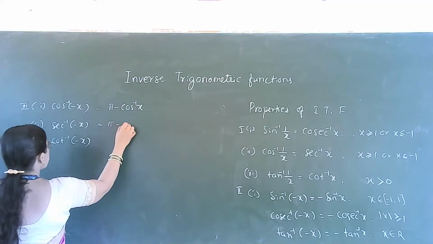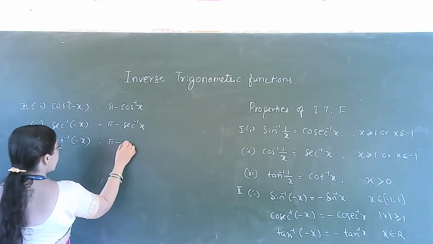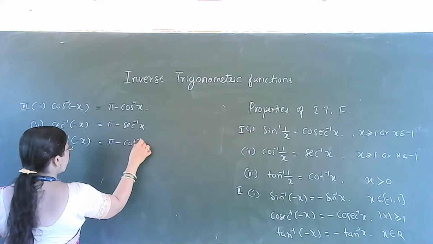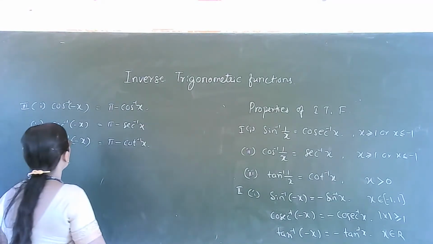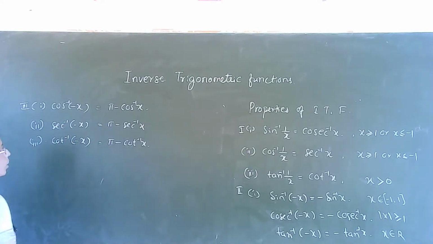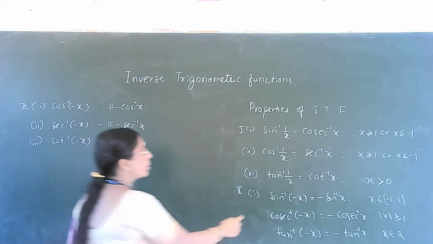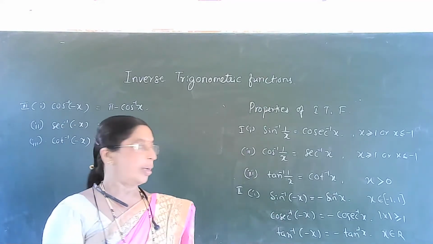Here also pi minus sec inverse of x. Here also pi minus cot inverse of x. Cos inverse of minus x is equal to pi minus cos inverse of x. Here sin inverse of minus x is equal to minus sin inverse x.